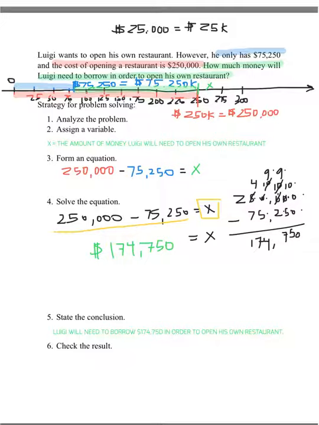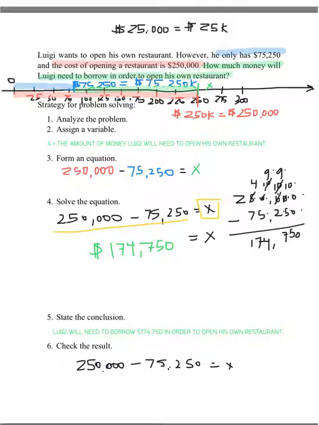So now the last step is to go ahead and check the result. We'll start with the original equation found in step 3. So 250,000 minus 75,250 is equal to x.